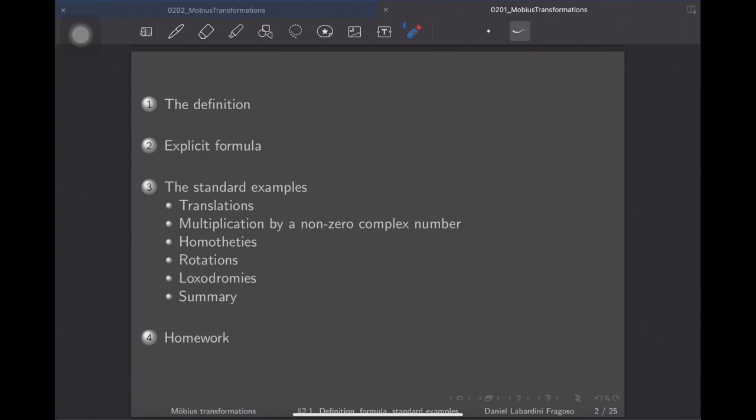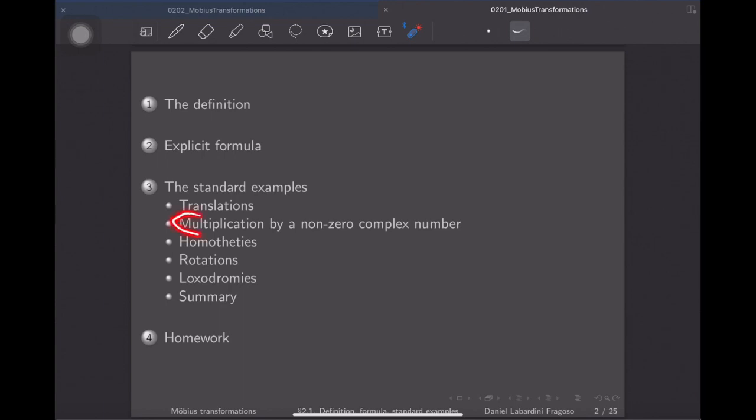Then we asked ourselves to give some easy examples, and we saw two basic types. One of them were the translations, z goes to z plus beta, which is the Möbius transformation associated to the matrix 1 beta 0 1.